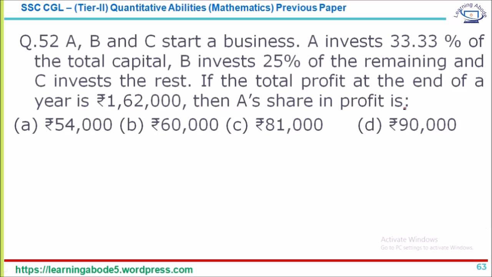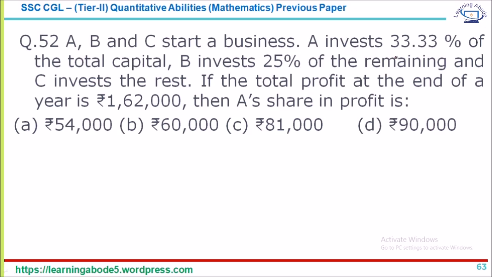Now 52, A, B and C start a business. A invests 1/3 of the capital, that is 33.33%. B invests 2/5th of the remaining, and C invests the rest. Now if the profit at the end of the year is 162,000, what is A's share? See, it's a very direct question.